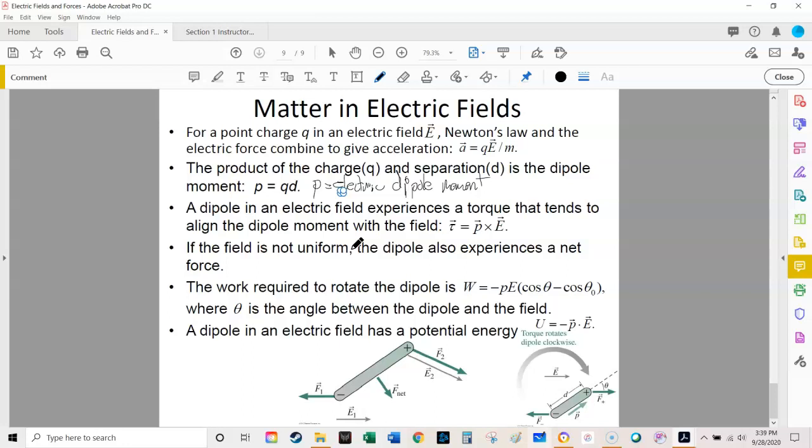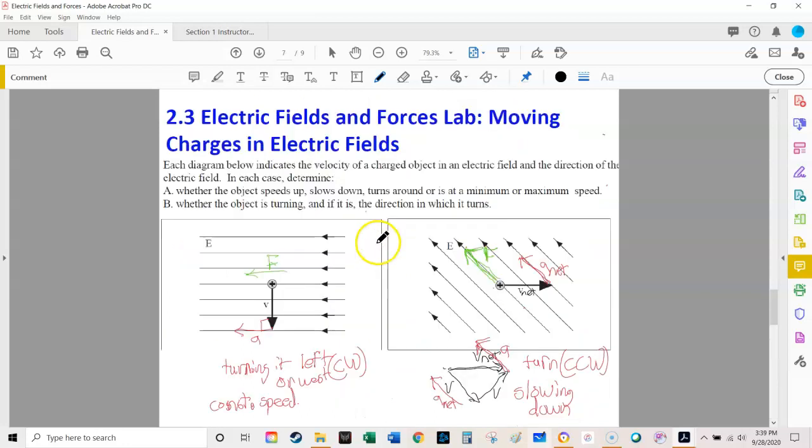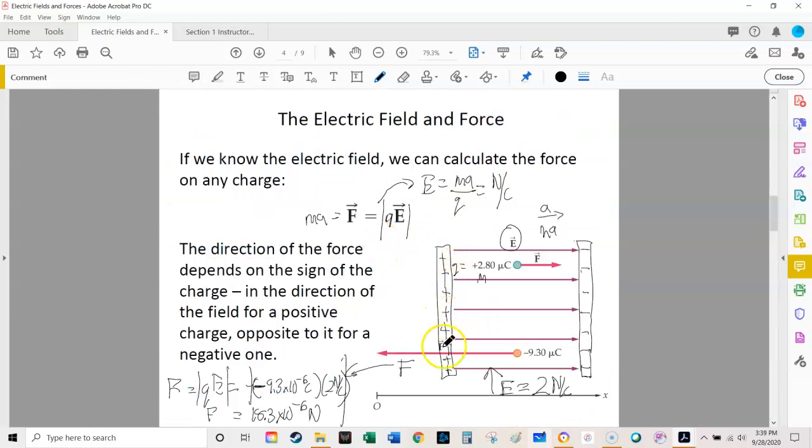When we're talking about those lines of charges, how do you get the electric field due to billions of charges? Well, you have to use calculus to do that part. So if you want to get the electric field here and you just had a plate of positive charges, how do you calculate the electric field at that point due to billions of charges? Well, we're going to do that in the next part using calculus.